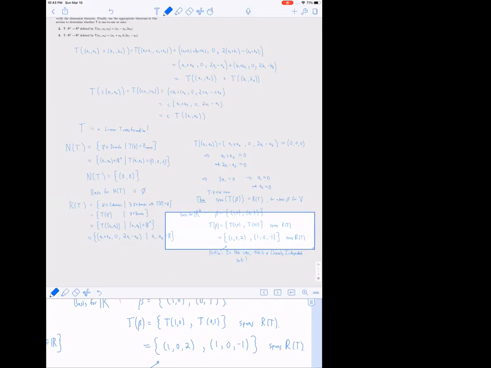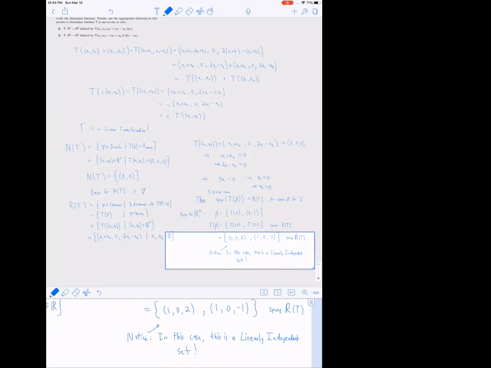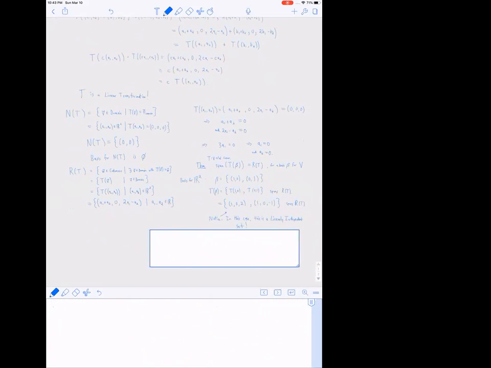Okay, so if we have a set of vectors that spans the range and it is linearly independent, then we have a basis. So the set containing the two vectors (1, 0, 2) and (1, 0, -1) is a basis for R of T.